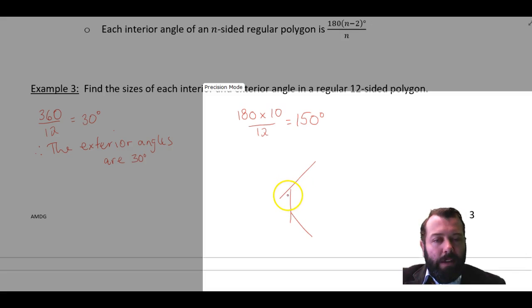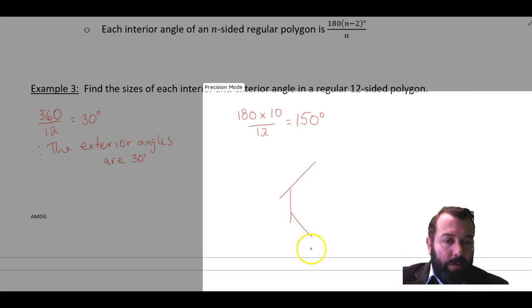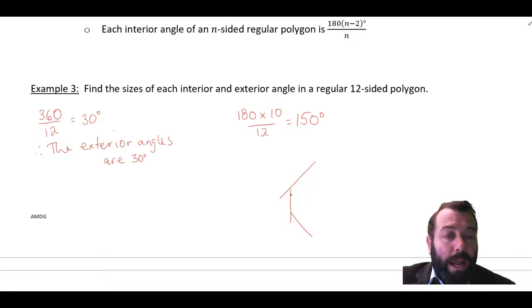Now we know the sum of the exterior angles for a convex polygon, and all regular polygons will be convex. If we consider the direction of the lines, eventually it turns all the way back around to where it came from. So they add up to 360. We divide it by the number of sides to get 30. So my interior angle is simply 180 minus my last answer.